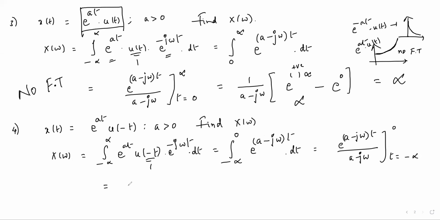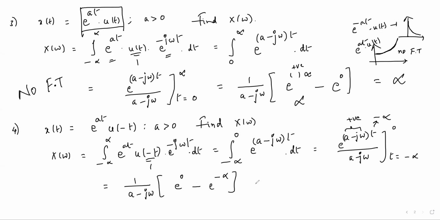Let us substitute the limits here. 1 divided by a minus j omega, and it is e to the power of 0 minus e to the power of minus infinity, right? Because this expression is positive and lower limit t is minus infinity.